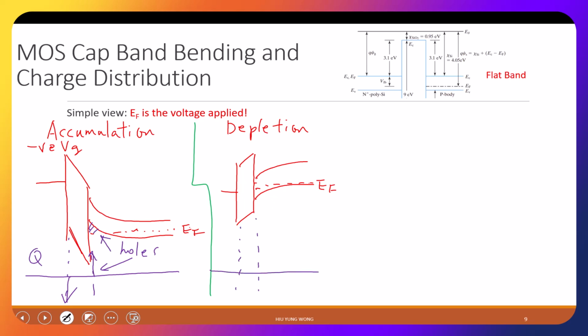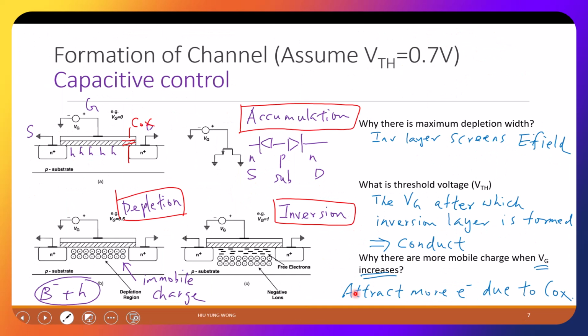So now, because you become more positive, you're going to get positive charge on one side, and you will get some negative depletion charge. But it is not a delta charge because it's spread out through some area, like what we drew here. It has some depth.